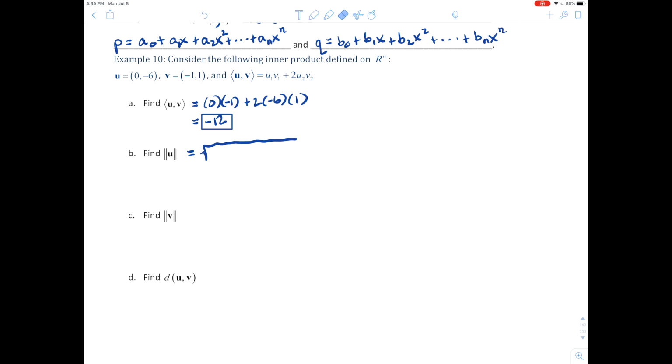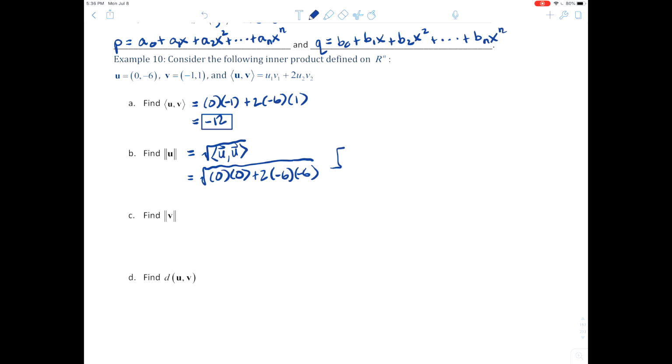And actually, let me write that out. So this would be the square root of the inner product of u with itself, which in this case is the square root of, so inner product of u with itself, we would have 0 times 0 plus 2 times -6 times -6.